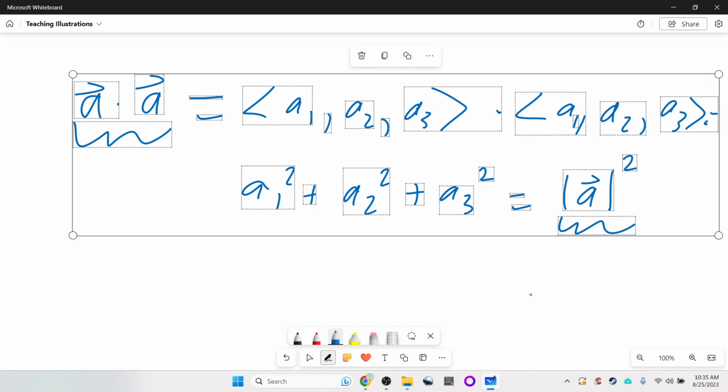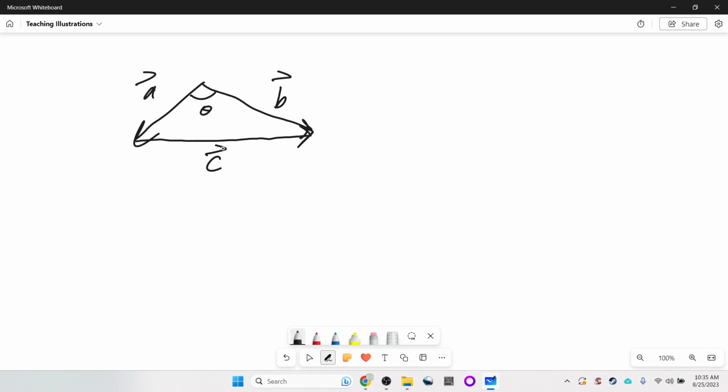So let's take a look at the dot products. Let's draw a triangle here. I'm going to draw a vector A and a vector B with an angle theta. And over here, I'll have the vector C. And what we just said is that C is the same as A minus B. Okay, the law of cosines.